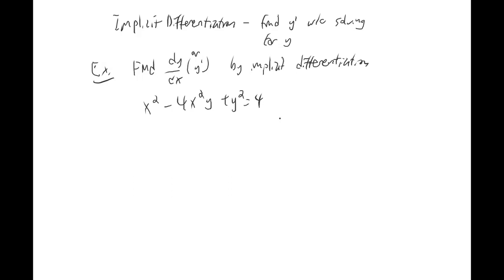You could implicitly differentiate that, right? Because horizontal tangent means y prime is 0. So you're still trying to find y prime. Once you find what y prime is using implicit differentiation, you set it equal to 0, and then you find the x values. So anyhow, let's find y prime.